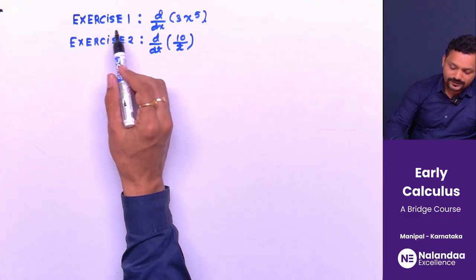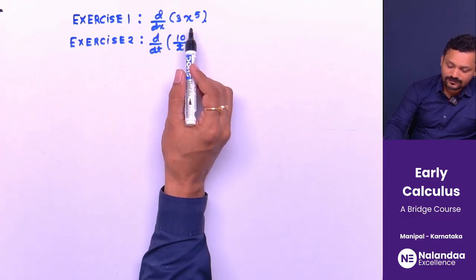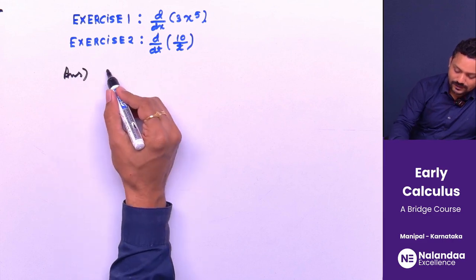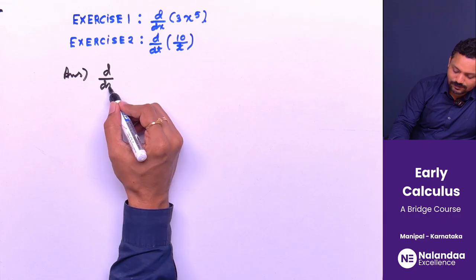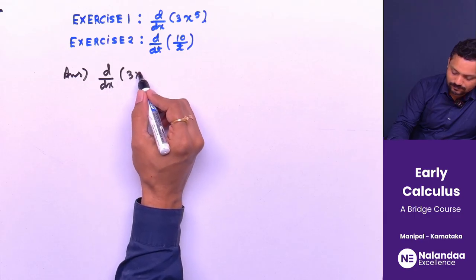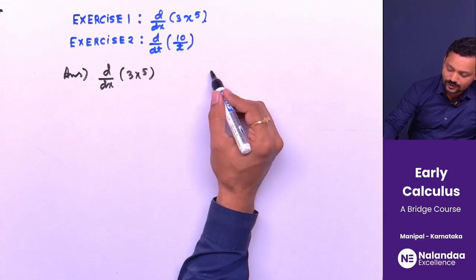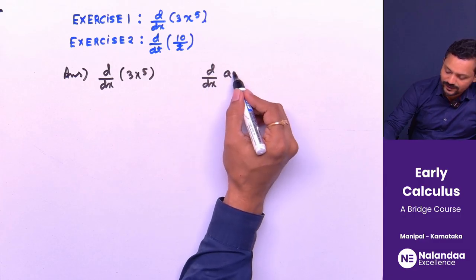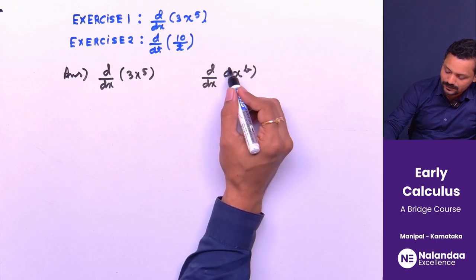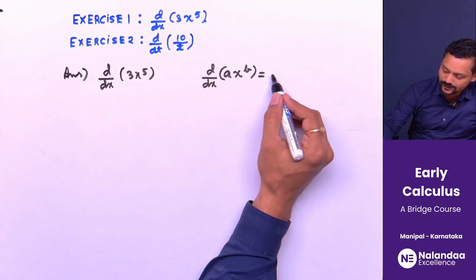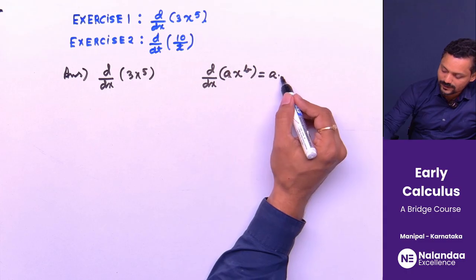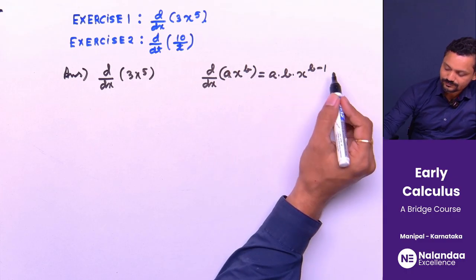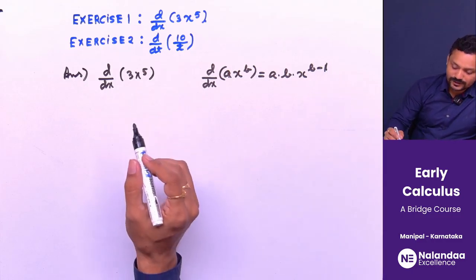Now let us go to exercise 1, d by dx of 3x power 5. So we will answer this question. Now we know the formula, or we know the concept, d by dx of a x power b is given by a into b into x power b minus 1. So let us use it here.